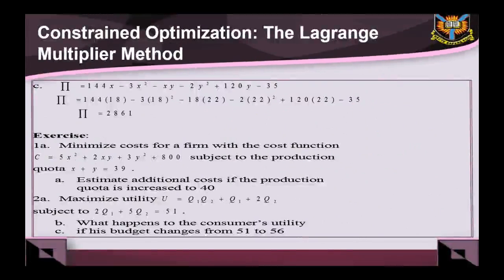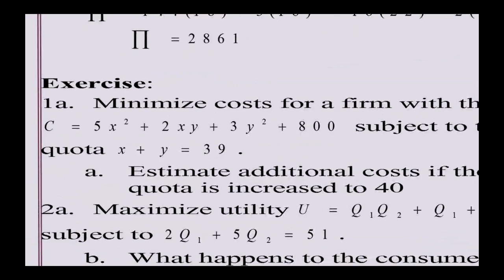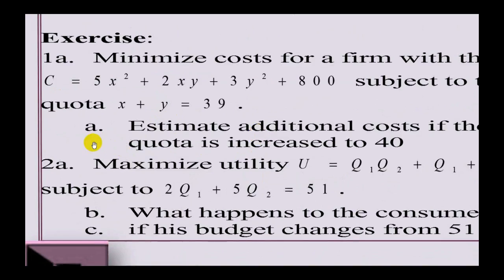Exercise 1A. Minimize cost for a firm with the cost function C equals 5x squared plus 2xy plus 3y squared plus 800, subject to the production quota x plus y equals 39. B. Estimate additional cost if the production quota is increased to 40. 2a.